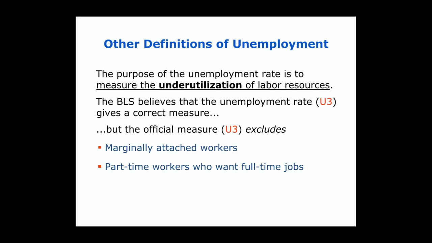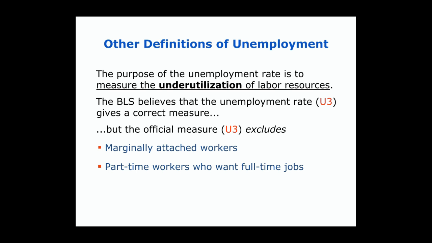So we have these three ways of looking at employment and unemployment. Now remember, the point of all of this is to try to understand the utilization or the underutilization of labor resources. And the Bureau of Labor Statistics, people at the Federal Reserve, etc., think that the U3 definition of unemployment gives the correct measure.